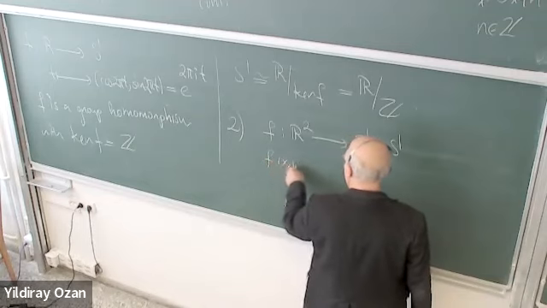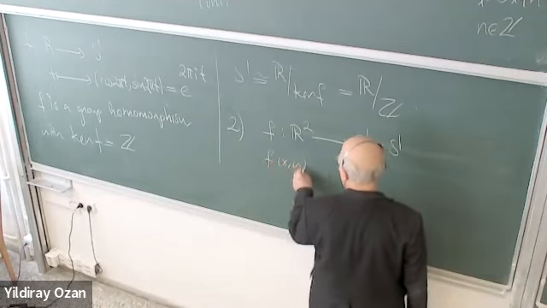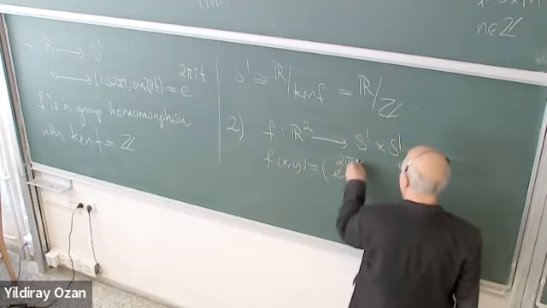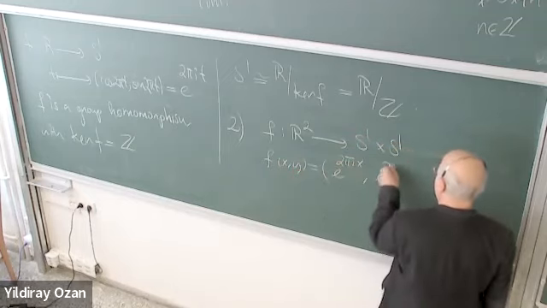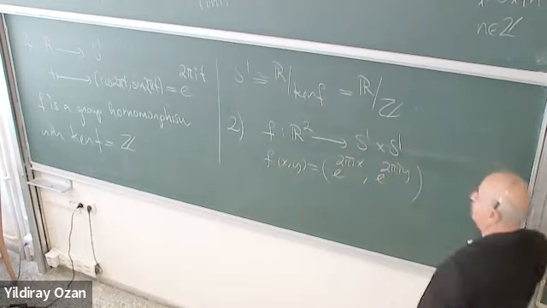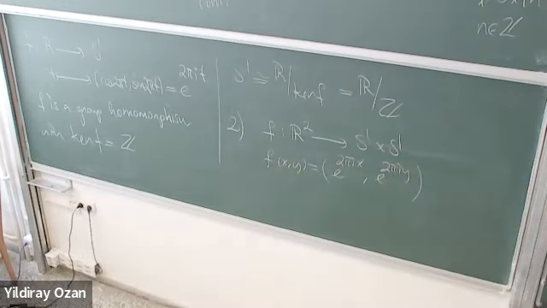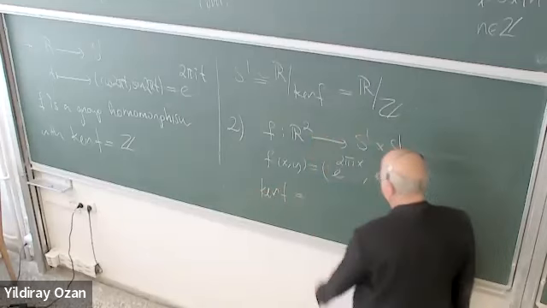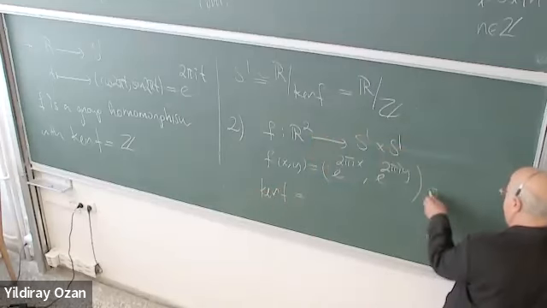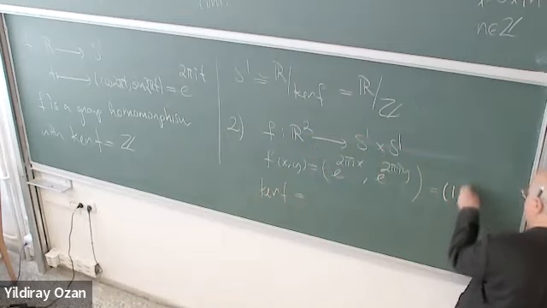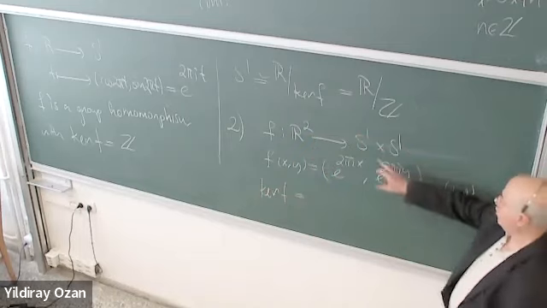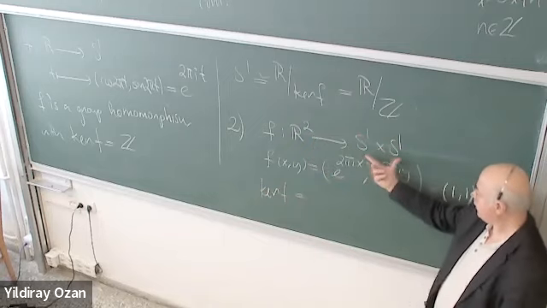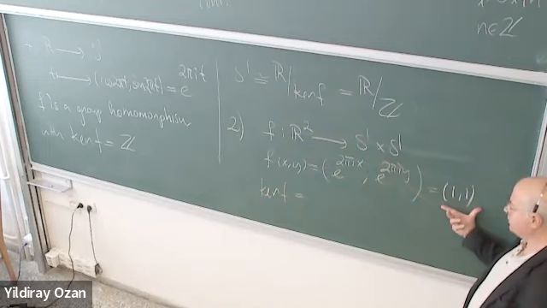F of (x, y) is just e to the power 2 pi i x, e to the power 2 pi i y. What is the kernel of this map? Kernel of F is just the set of points where this is mapped to (1, 1). So this is an abelian group, the product is an abelian group, and this is the identity element.